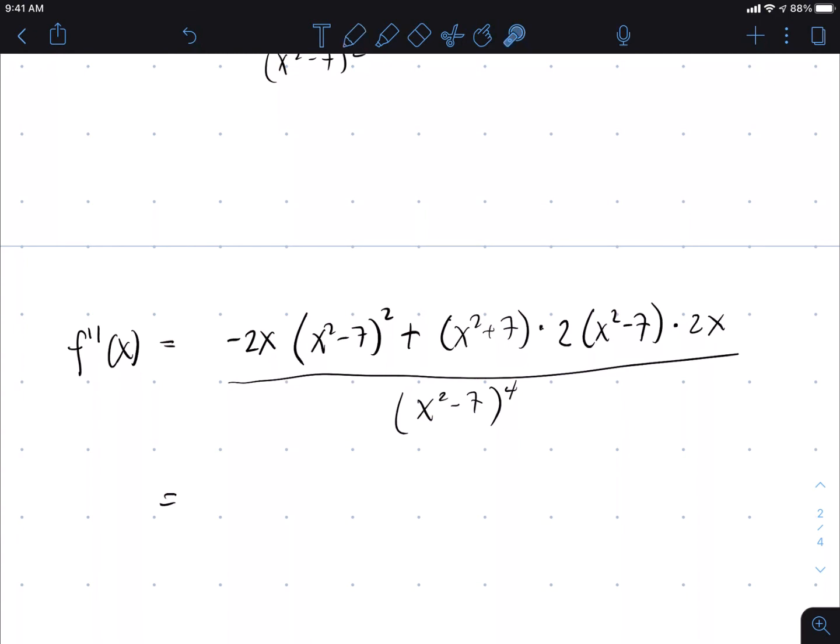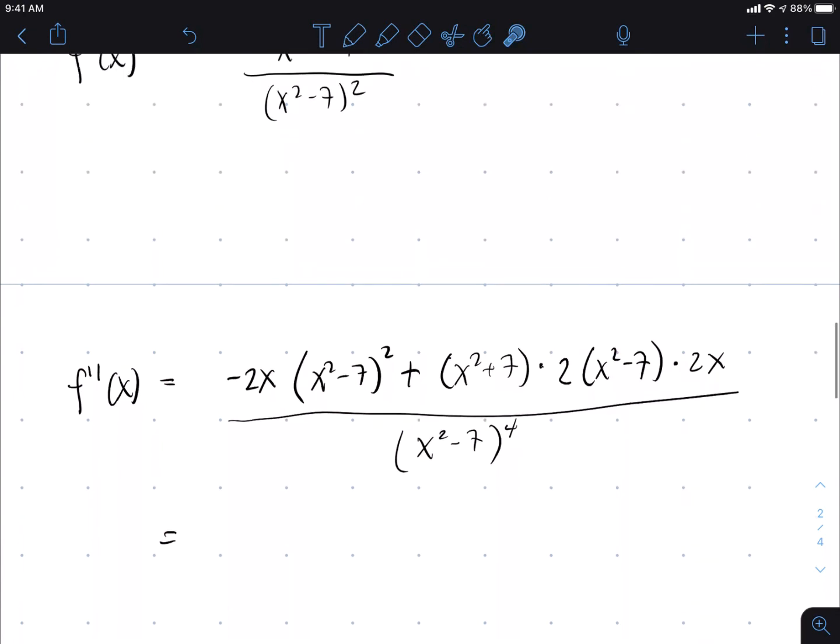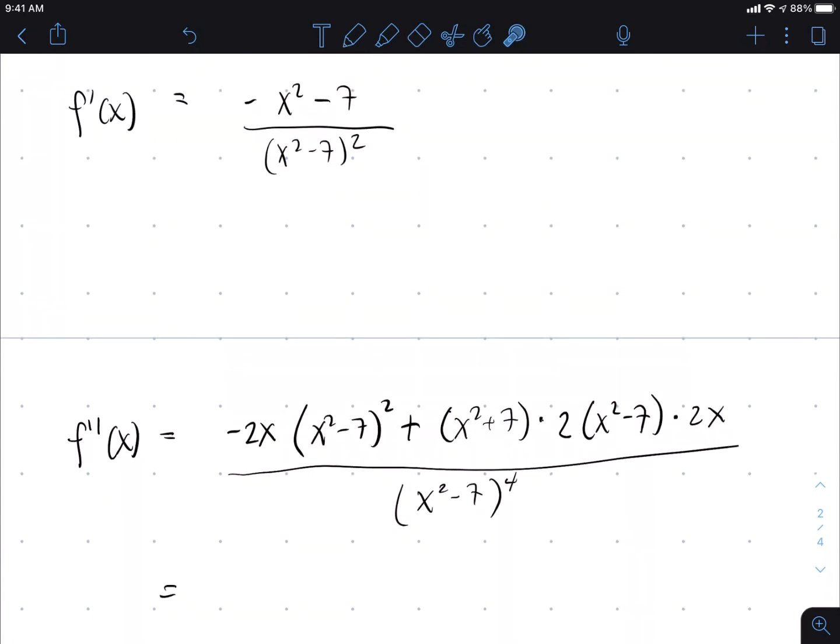Well, I can see there's an x squared minus 7 here and an x squared minus 7 here that I can factor out. Isn't the plus supposed to be a minus? No, it's a plus. See how here this is minus and minus? I factored out the negative and made it x squared plus 7 with a negative in front. So minus and negative become a positive. Does that make sense? Yeah. Okay, cool.